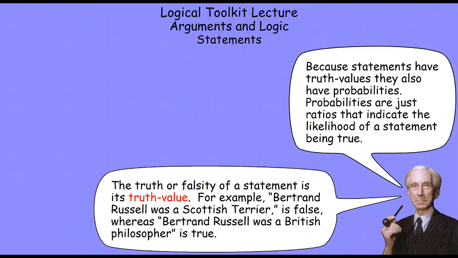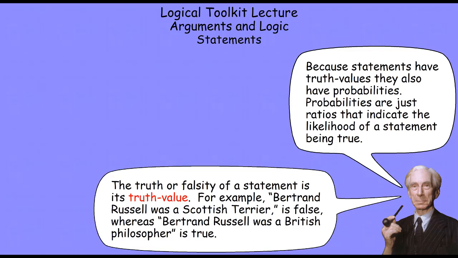Probabilities are a way of trying to get a hold of those statements in terms of their truth values when we don't have a definitive answer about their truth values. And probabilities are just the ratios that indicate the likelihood of a statement being true. So if I say there's a 0.7 probability of it raining tomorrow, what I'm saying is I don't know if it's going to rain tomorrow for sure. Could rain, could not rain.